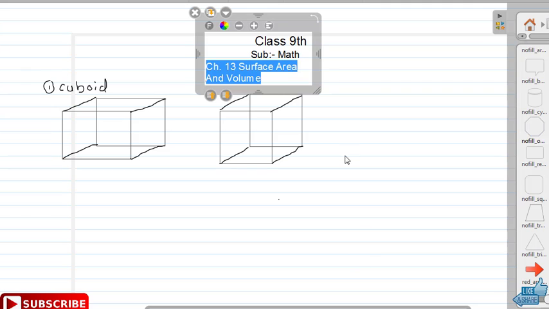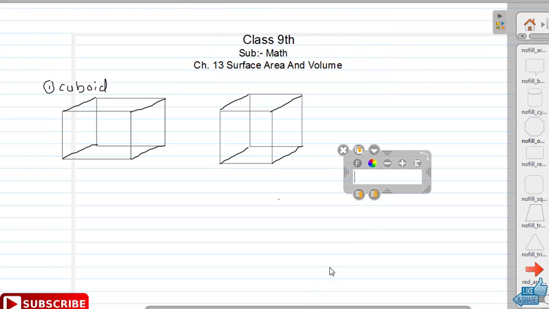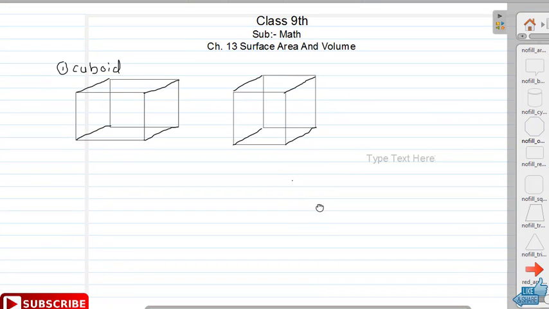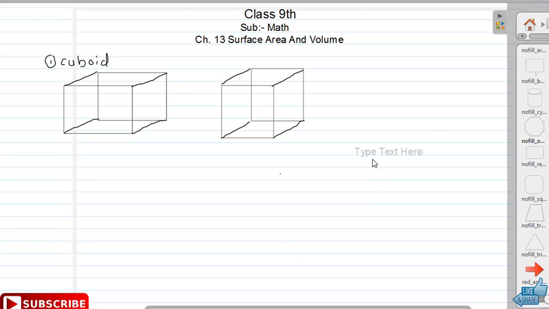Okay, now it's looking good. So this is our cube.